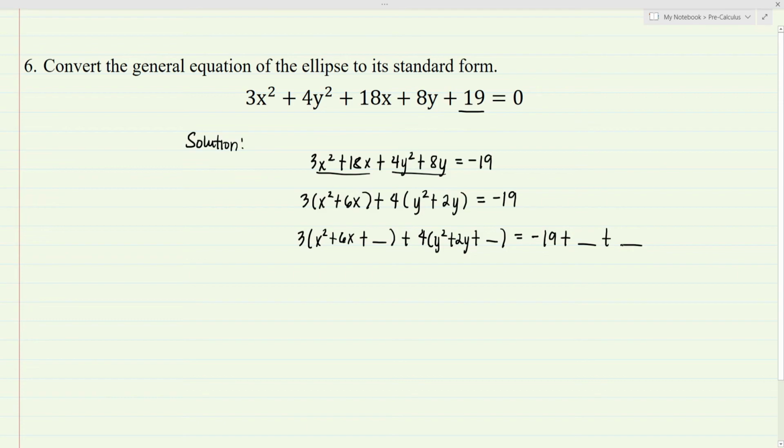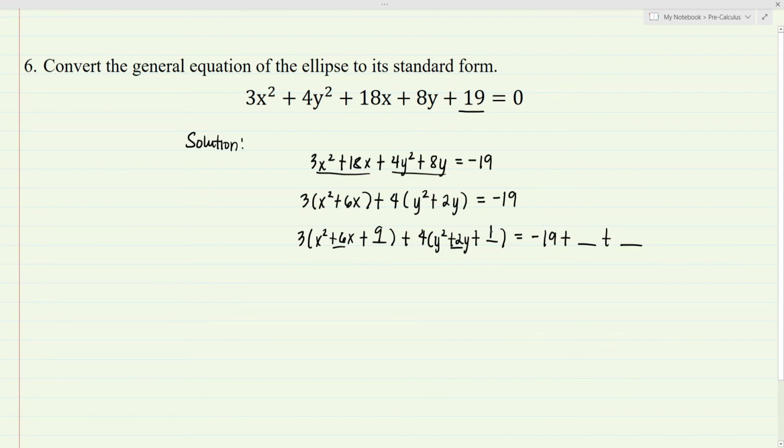To solve for the constant, for the first quadratic equation, we have here the coefficient of the middle term, positive 6, divided by 2, that would be positive 3. Positive 3 squared, that would be positive 9. Next, the coefficient of the middle term for the second quadratic equation is 2. So 2 divided by 2, that would be positive 1. Positive 1 squared, that would be positive 1 also.